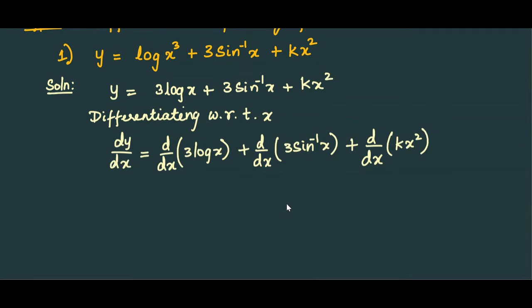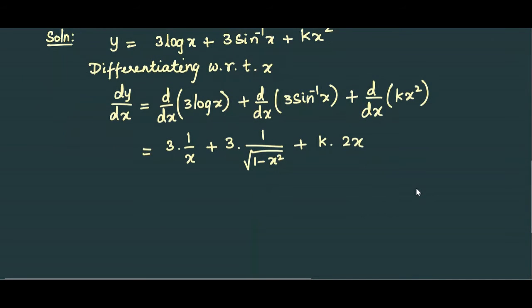So the derivative of all 3 functions is the sum of the derivatives. Now this is 3 times the derivative of log x, which is 1 by x, plus 3 times the derivative of sine inverse x, that is 1 by under root of 1 minus x square, plus k comes out, and the derivative of x square is 2x.